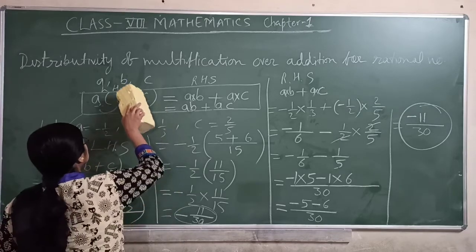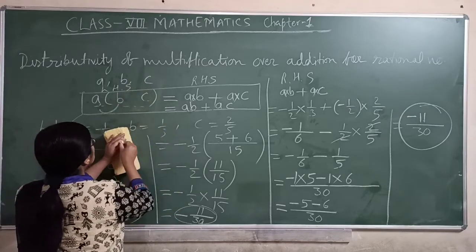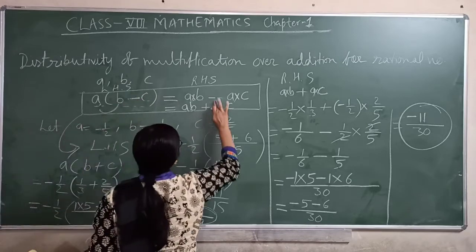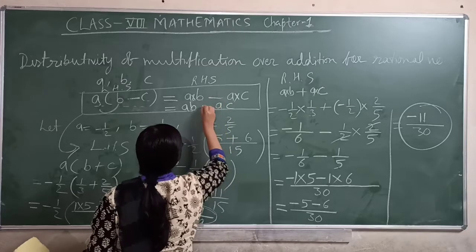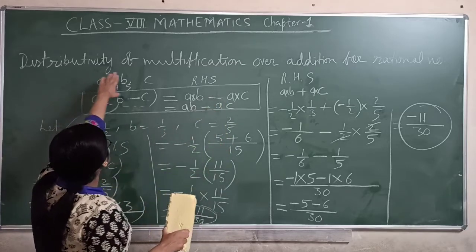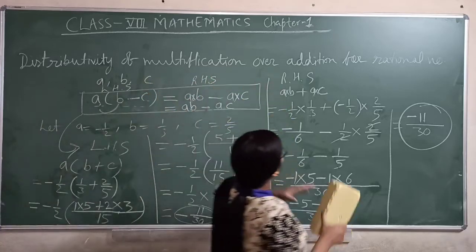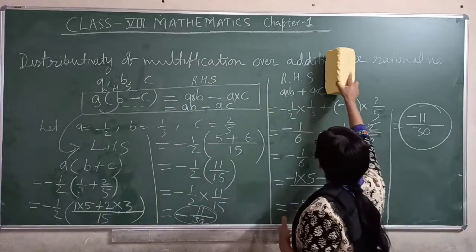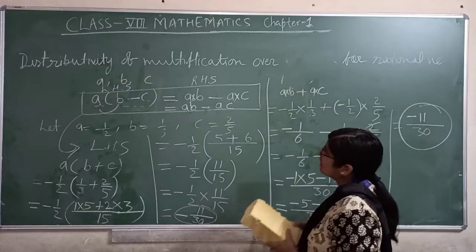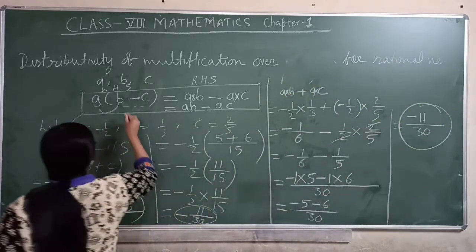If you change here we will put a minus sign, so here also a minus sign, here also a minus sign. Then distributivity of multiplication over subtraction, in place of addition there will be subtraction, for rational numbers. And this law will be like that.